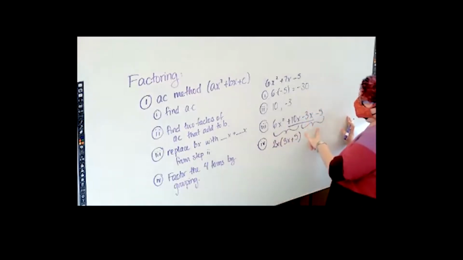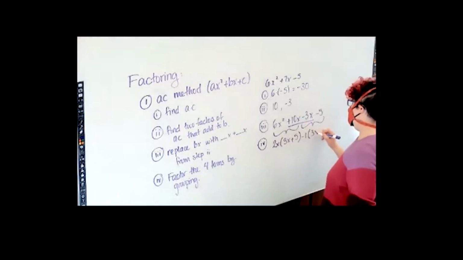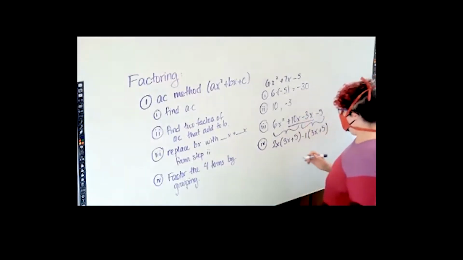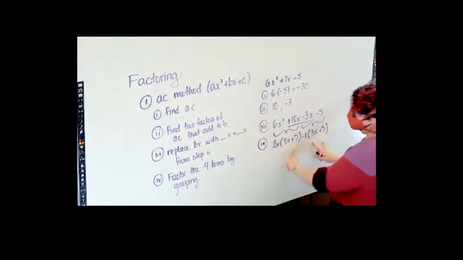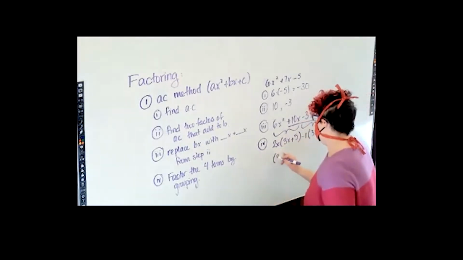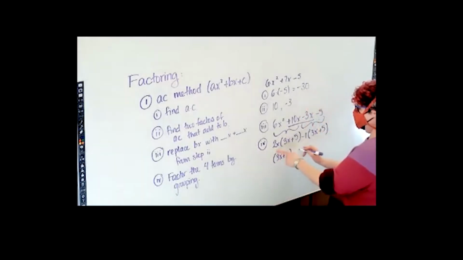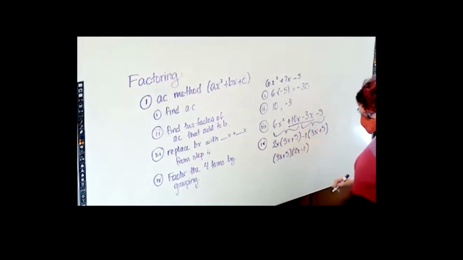Now I'm factoring negative 3x minus 5. I would take out a negative 1, leaving me with 3x plus 5. Now, in this whole term, I have a common term to both of them. So I take that out, 3x plus 5. Now I'm left with a 2x minus 1. So that's fully factored.